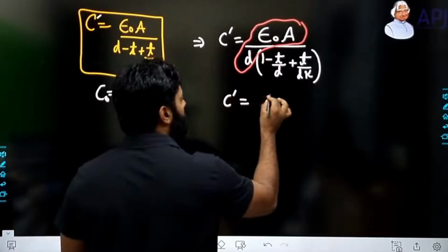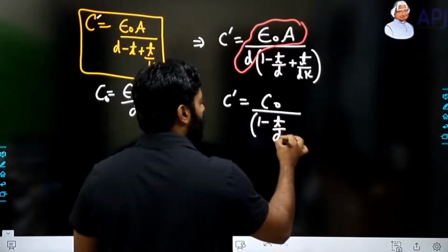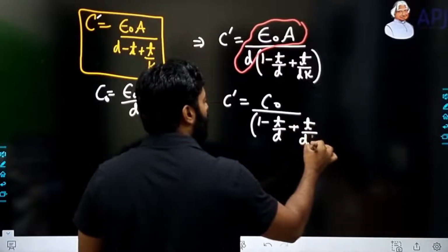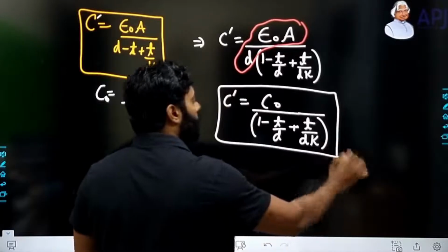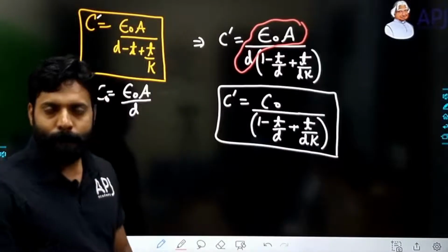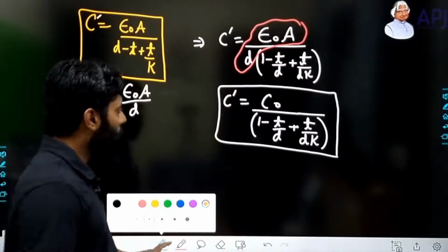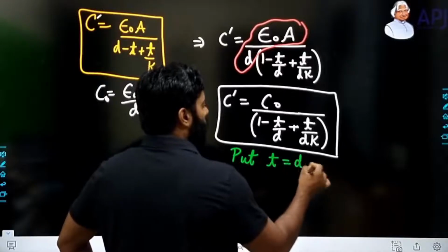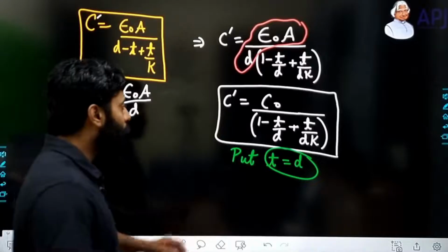So C dash is equals to C naught divided by 1 minus T by D plus T by DK. Right? And if here you put T is equals to D, then what will happen?